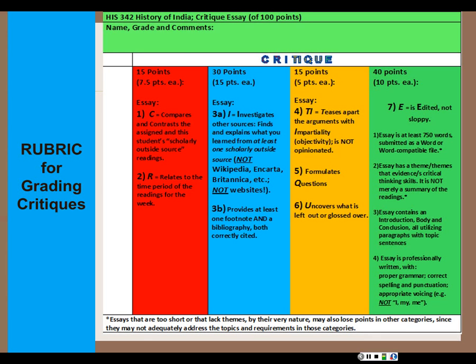So if you're writing a paper in science, it would not be appropriate to say, I think that there is such a thing as gravity. Because, again, we don't care what, in essence, someone thinks. What we care about is what the truth is, or what the truth appears to be. And that means sometimes that we formulate questions about the material.